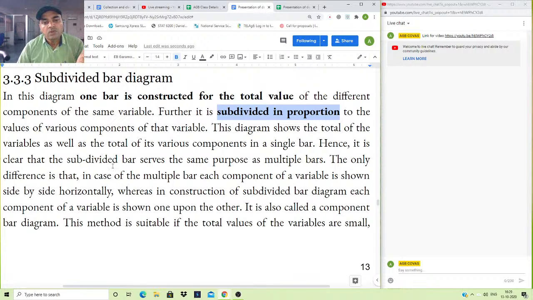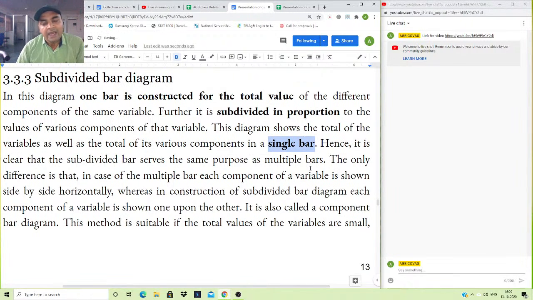Okay. So this diagram shows the total of the variable as well as the total of its various components in a single bar. So there is a single bar in which you can find out the total as well as the various components within it. Hence, it is clear that a subdivided bar serves the same purpose as that of a multiple bar.